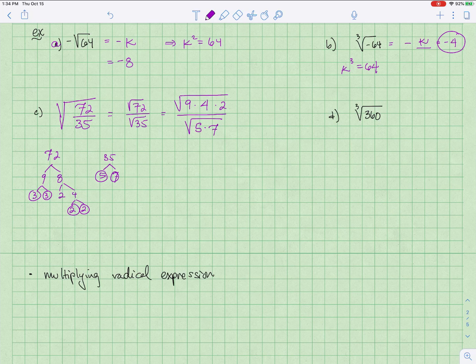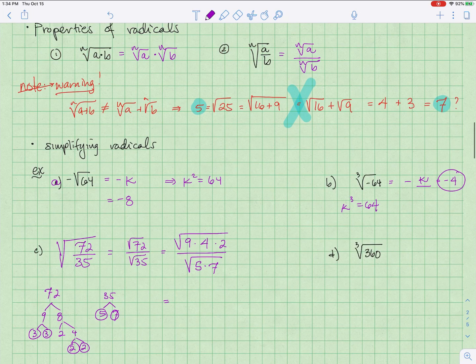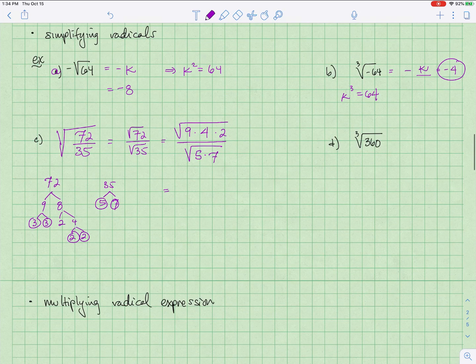Now, what I can do here is use property number 1 that says I can break up the radical over multiplication. And so let me actually erase those two. What I can say is this is the square root of 9 times the square root of 4 times the square root of 2 over the square root of 5 times the square root of 7.